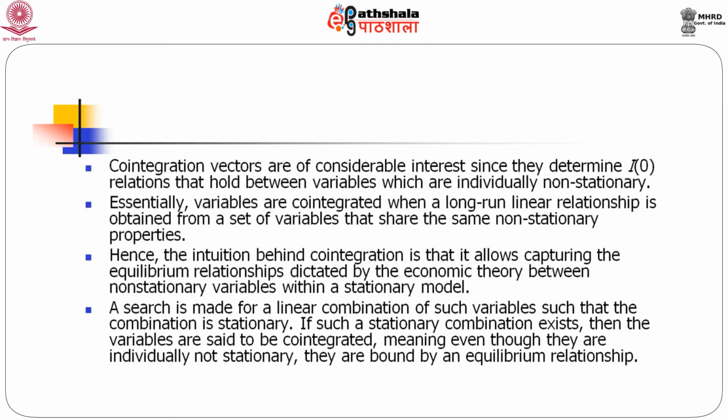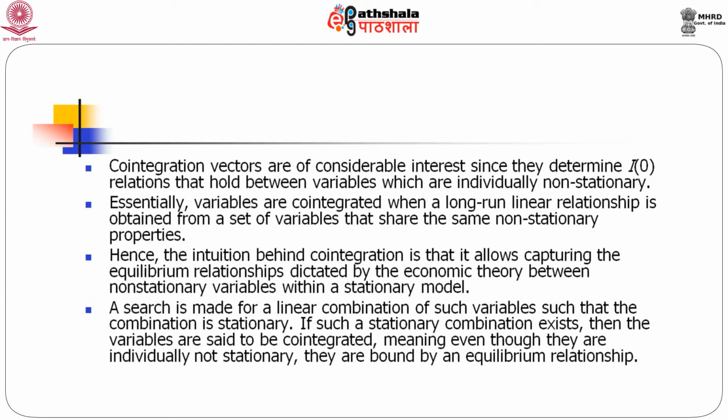Now, cointegrating factors are of considerable interest since they determine the I(0) relations that hold between variables which are individually non-stationary. Essentially, variables are cointegrated when a long run relationship is obtained from a set of variables that share the same non-stationary property. Hence, the intuition behind cointegration is that it allows capturing the equilibrium relationship suggested by economic theory between non-stationary variables within a stationary model.